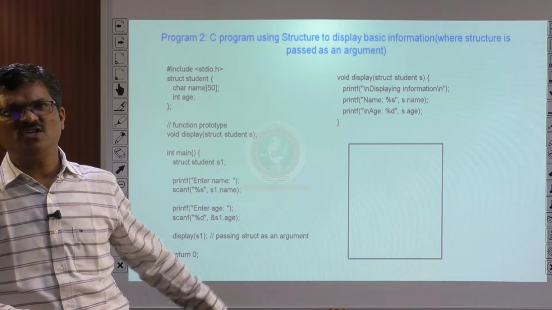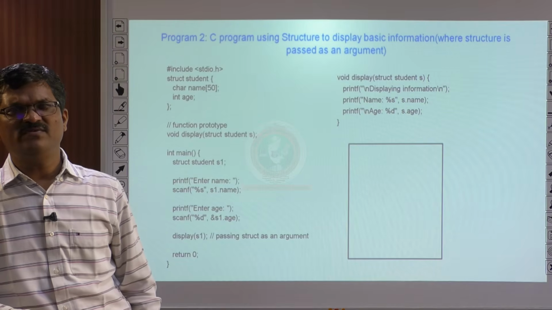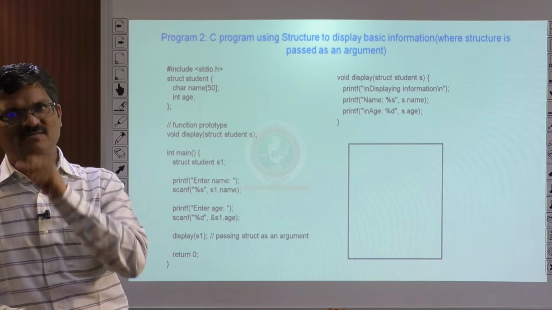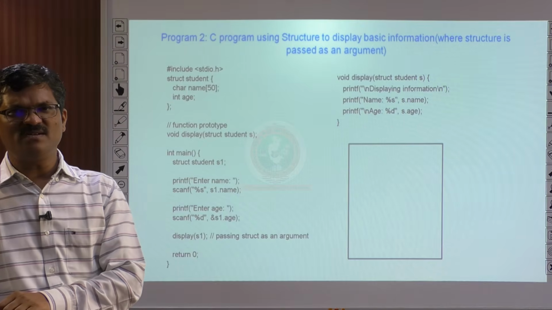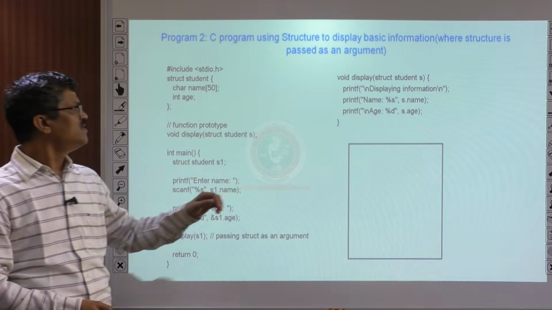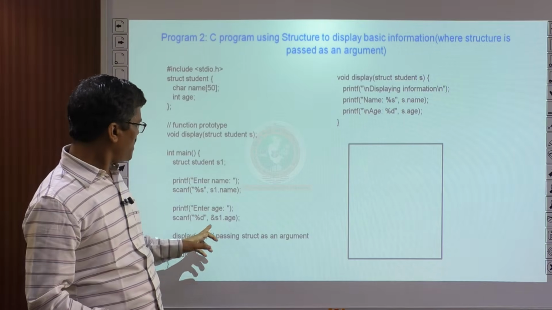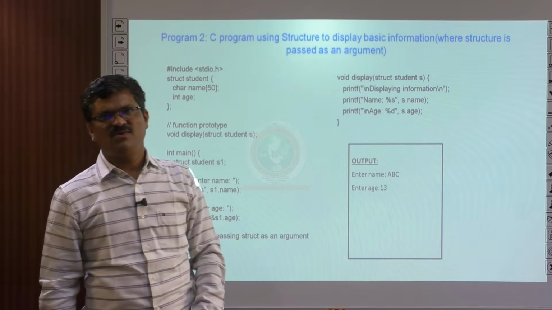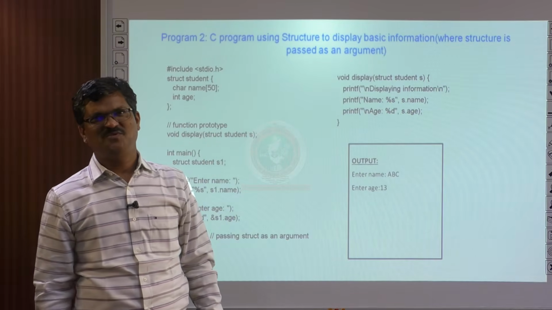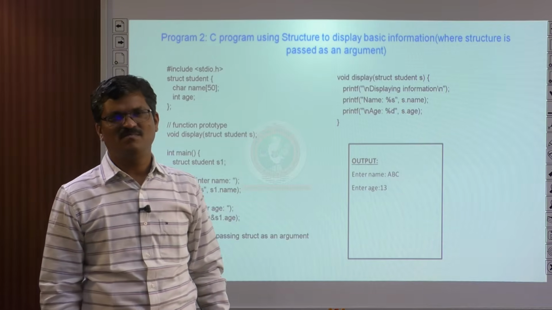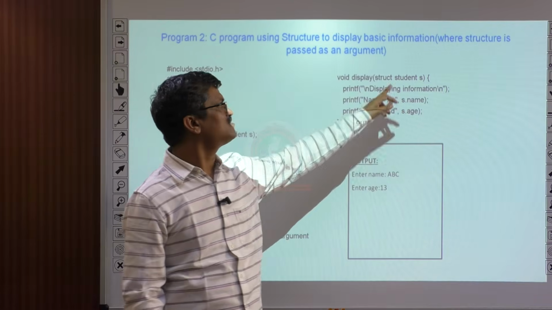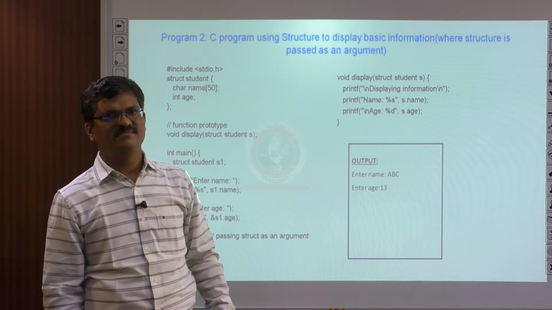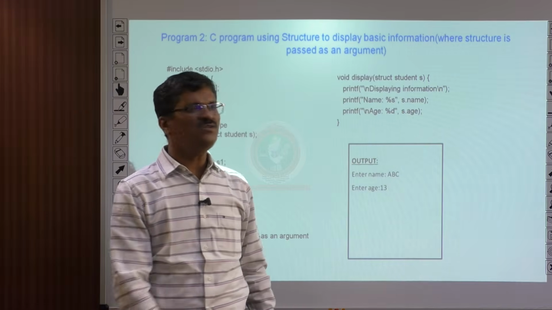So this is the definition of the display function, which takes the structure as a parameter. S1 is passed, which is substituted with structure variable s. So simply display the members associated with this s parameter now, s dot name and then s dot age.